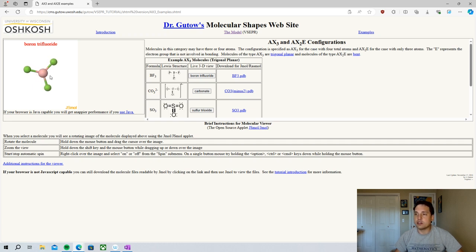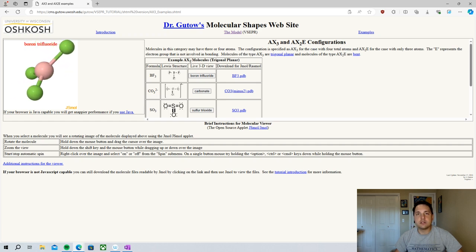So I have boron trifluoride here, and the fluorine atom is a little bit smaller than the boron atom because it's to the right of it on the periodic table. And we can see that there is 120 degrees between each of these bonds. All right, so this is known as trigonal planar geometry. So you can see that here, trigonal planar.